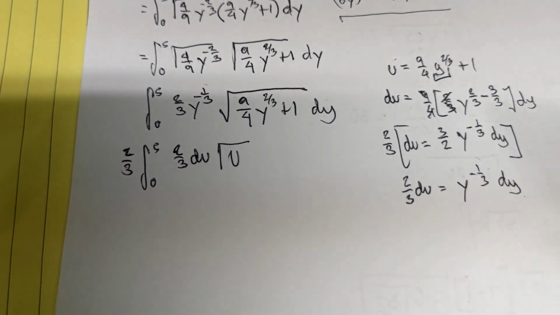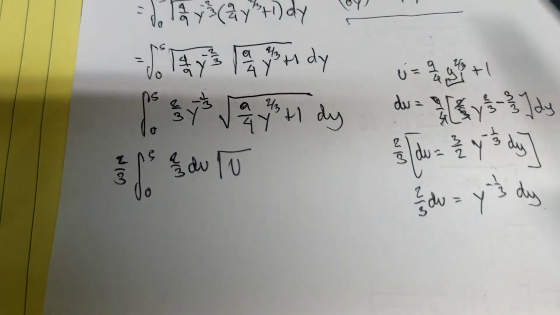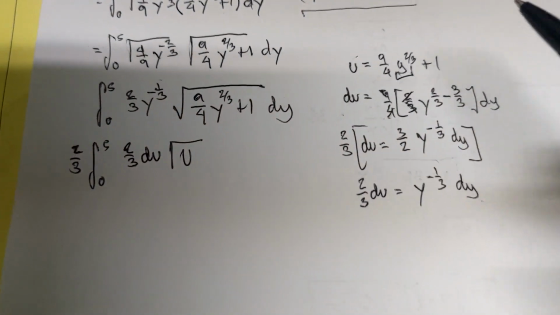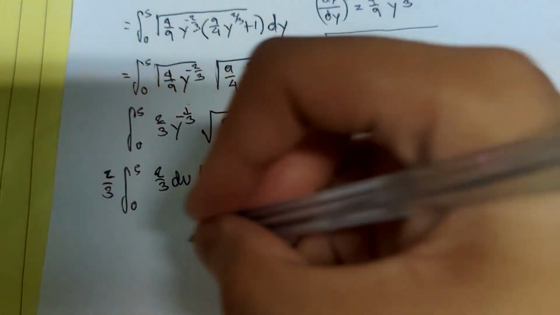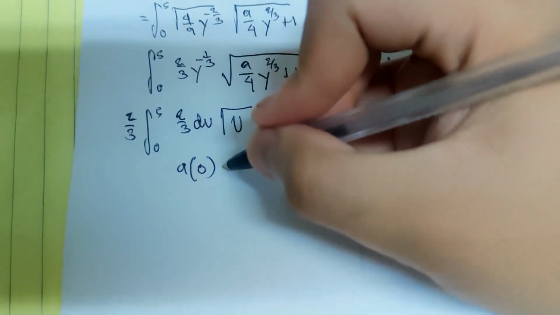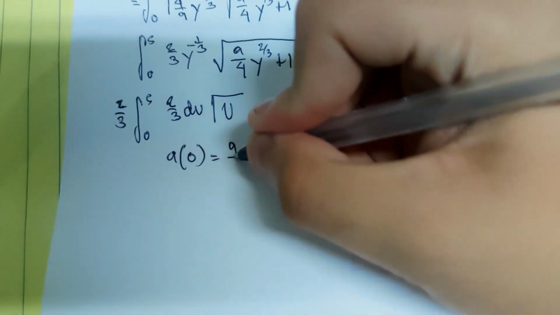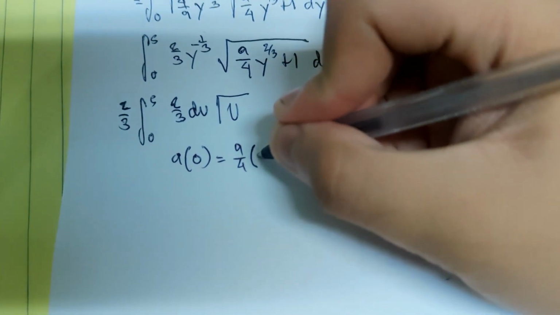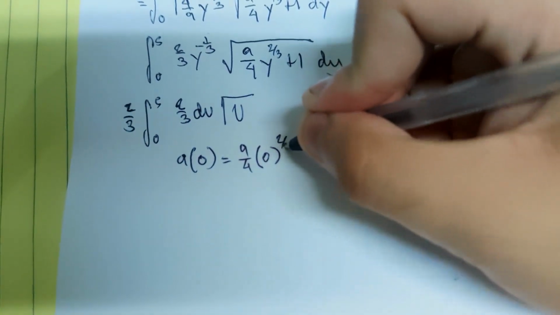So now here, we can't use our limits anymore because we already used the u substitution. So how do we solve this? We put a equals 0. We use the limit 0 in 9/4 y, which will be 0 raised to 2/3 plus 1.